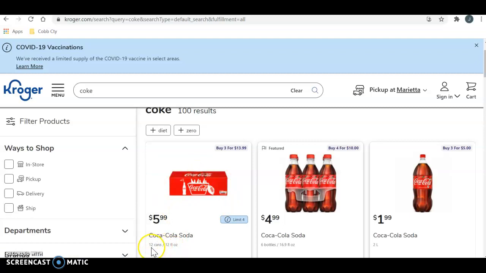You would have to say 12 times 12 gives you a total of 144 fluid ounces. So then you would find out how much it costs per ounce. So be careful with that. On this one, it says 6 bottles of 16.9 fluid ounces. So that means you would have to do 16.9 times 6. All right? So be careful with that.